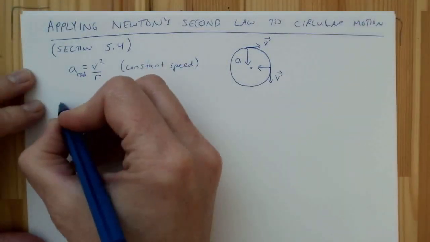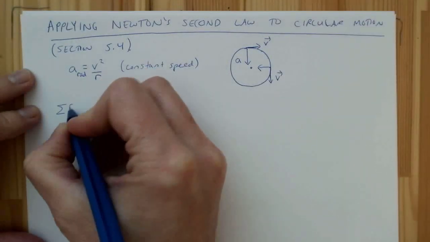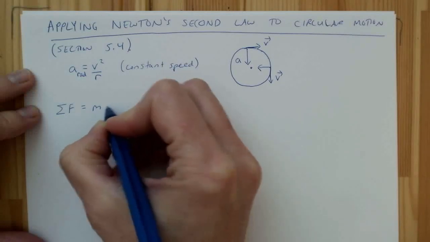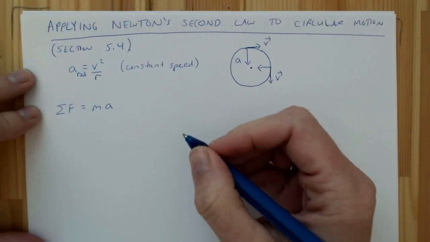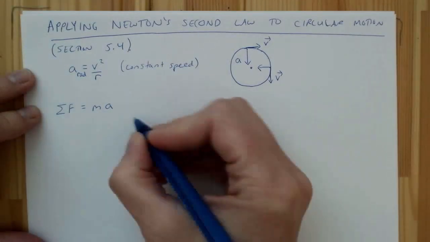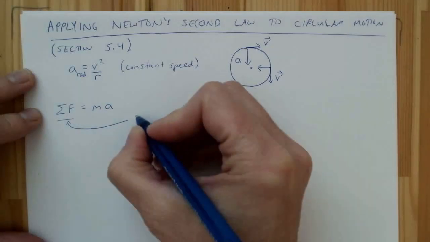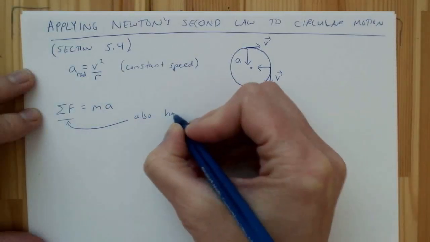So what that allows us to do now, when we use Newton's law of the force equals the mass times the acceleration, is say that the net force also has to be towards the center of the circle.